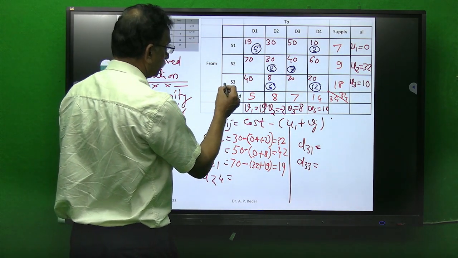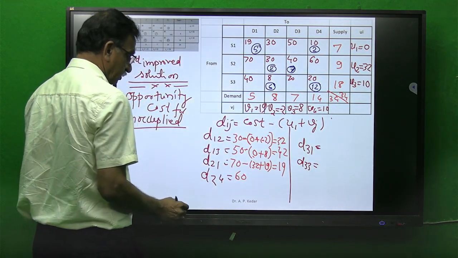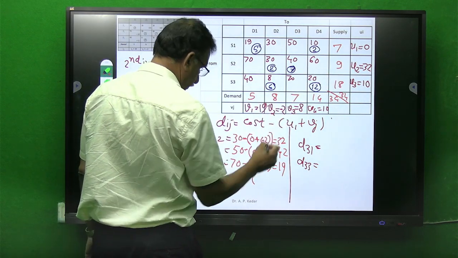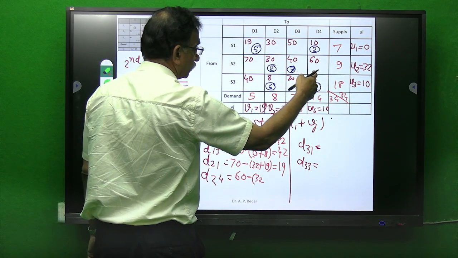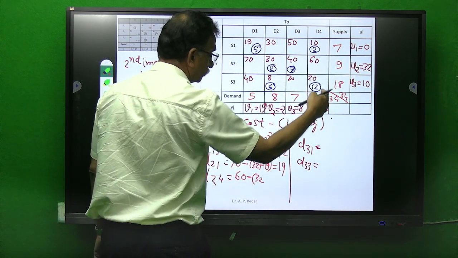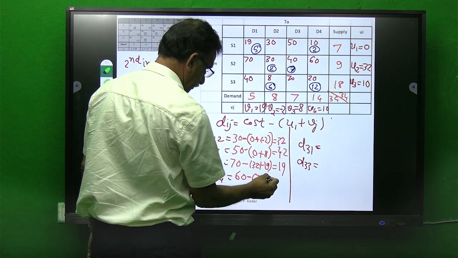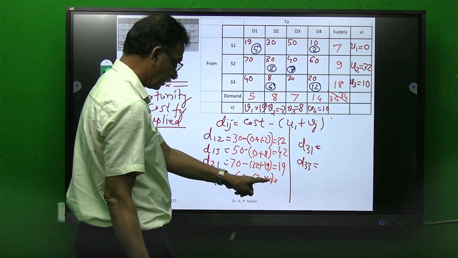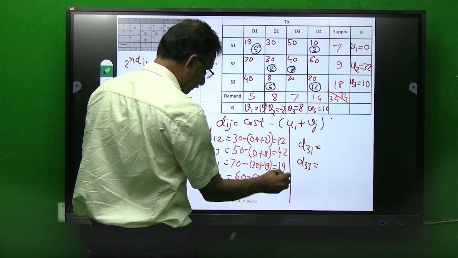D24 is 60 minus 32 plus 10. 32 plus v4 is 10, so 42. 60 minus 42 is 18.